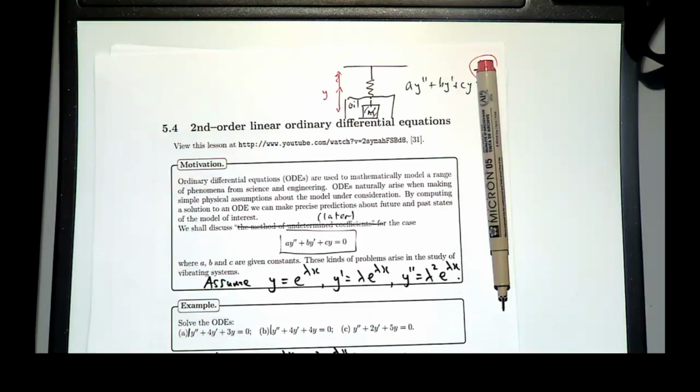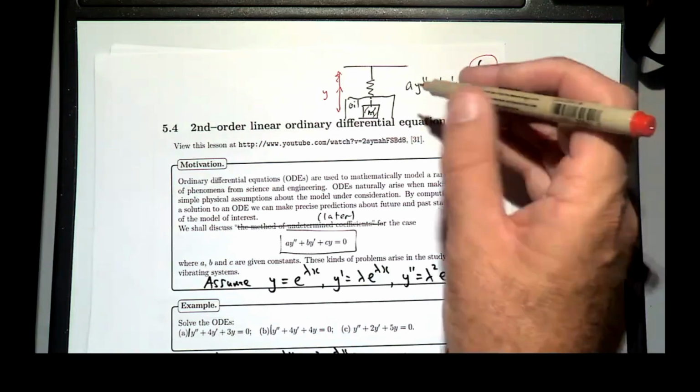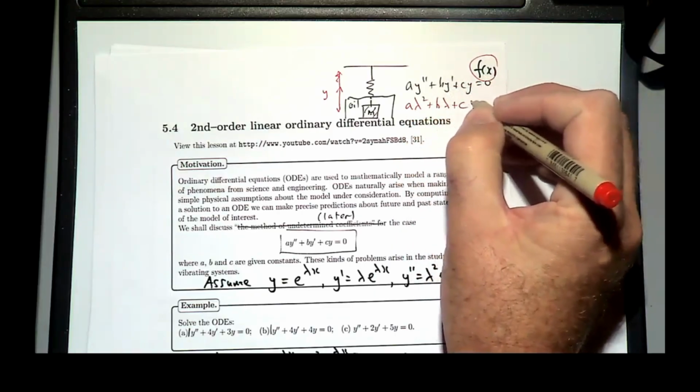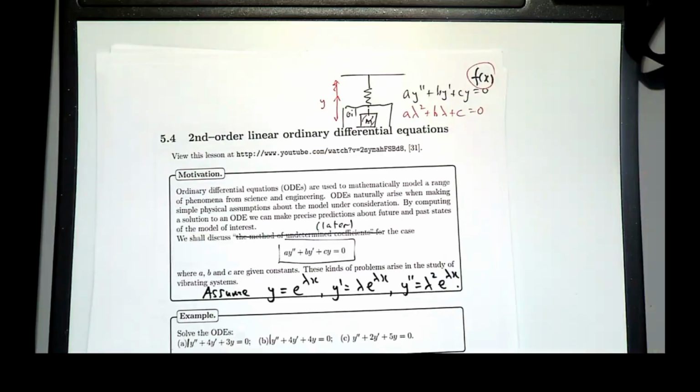So the characteristic equation for this is going to be something like this. And so depending on the interplay between the mass, the spring constant, and I guess the viscosity of the oil, different things are going to happen.